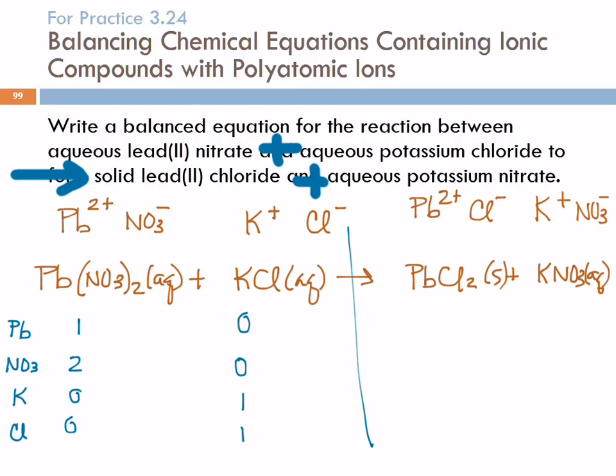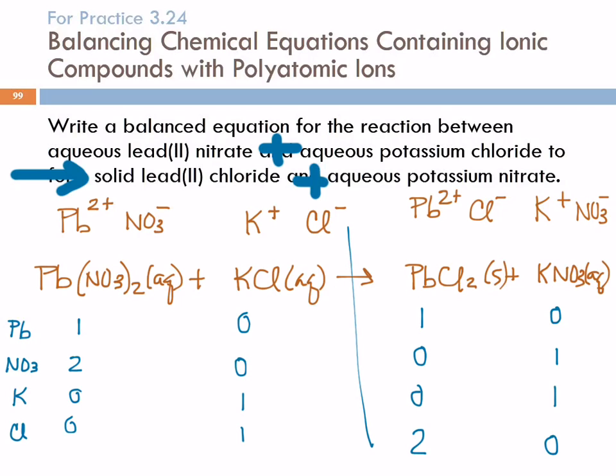Forgot to draw my line. Under PbCl2, I've got 1 lead, no nitrates, no potassium and 2 chlorines. And then over here, I've got no lead, 1 nitrate, 1 potassium, 0 chlorines. That make sense?